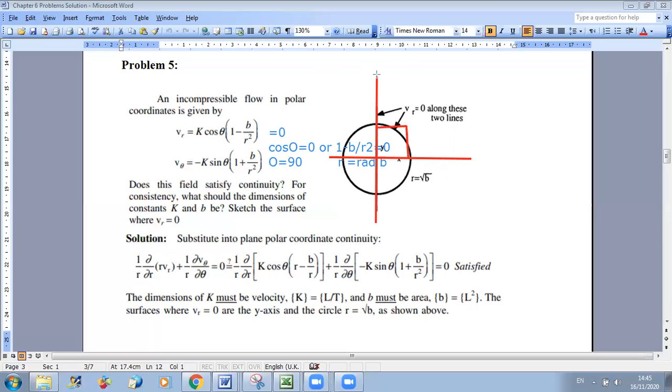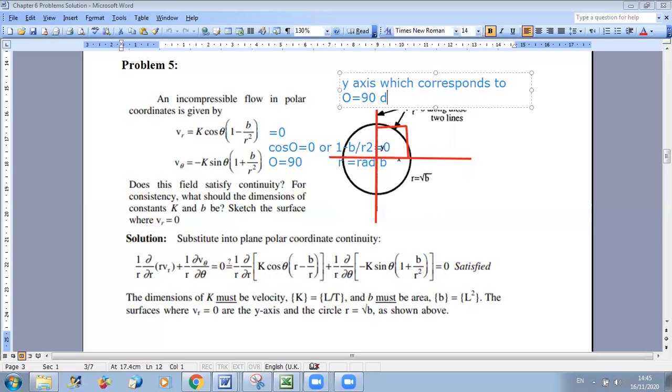So the first line corresponding to VR equals 0 is the y-axis, which corresponds to theta equals 90 degrees.